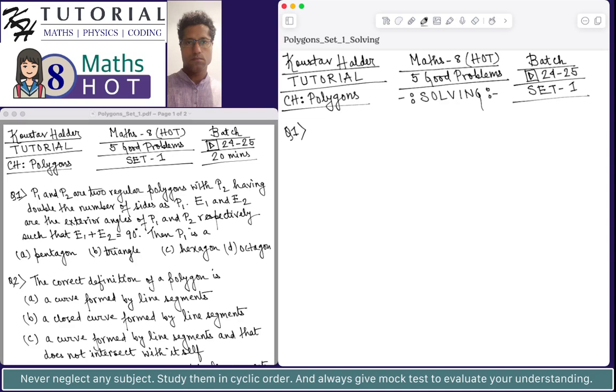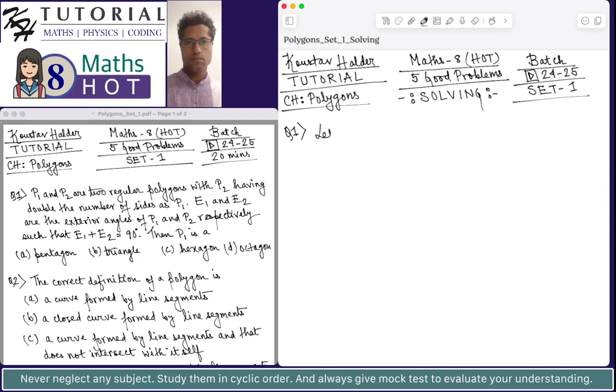Now, P1 and P2 both are regular polygons, and it is given that the number of sides of P2 is double the number of sides of P1. Okay, and if E1 and E2 are the exterior angles of P1 and P2, their sum is equal to 90 degree. Okay, so let's assume the number of sides of P1 and P2.